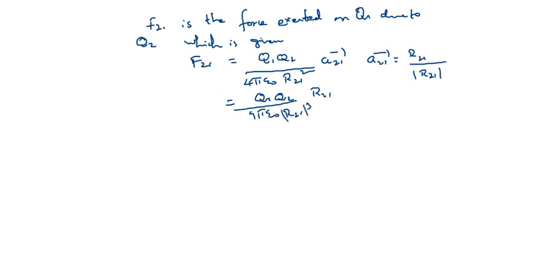So what we observed here is that the force F12 is just the opposite of F21. So F12 is equal to minus F21. These two forces are equal but in the opposite direction.